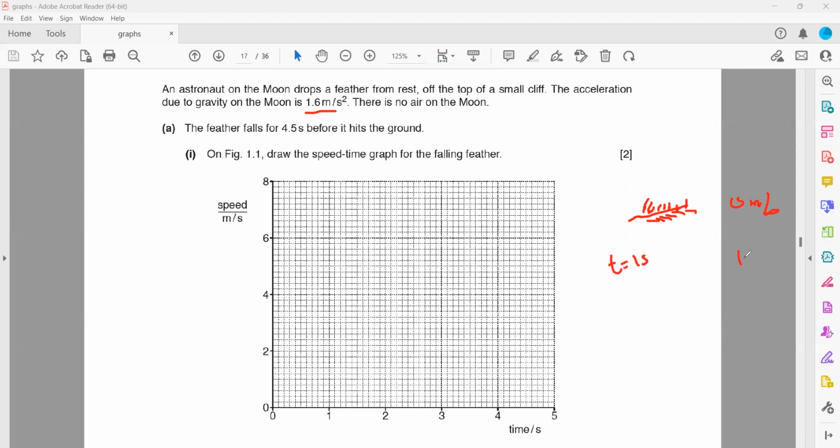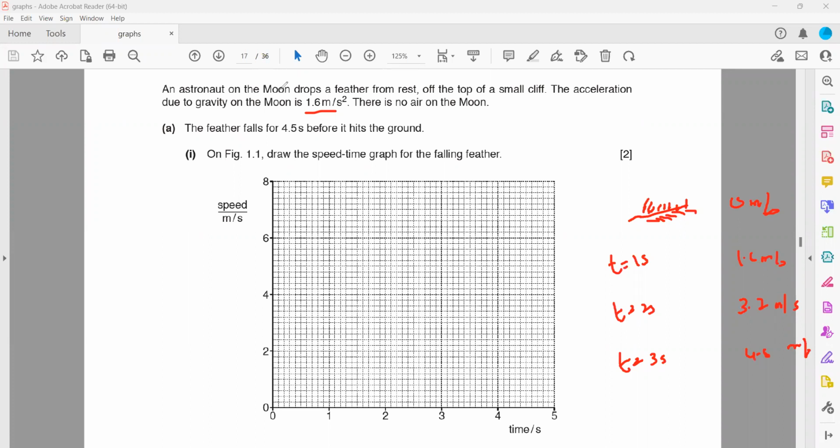After 1 second, the speed will be 1.6. After 2 seconds, 3.2. After 3 seconds, 4.8. So after every second, the speed changes by 1.6. That's acceleration. The feather falls for 4.5 seconds before it hits the ground.